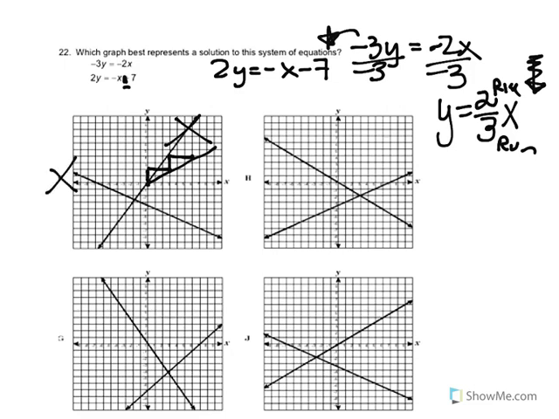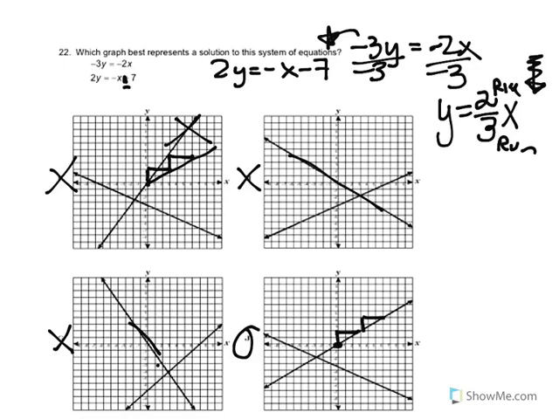So that one's wrong. Letter H has negative slope. That's wrong. This one goes through the origin, but it has negative slope, so it's wrong. It's got to be J. So 2/3, whoops, let's try that again. 2/3, so there's your slope. It's going through the origin.